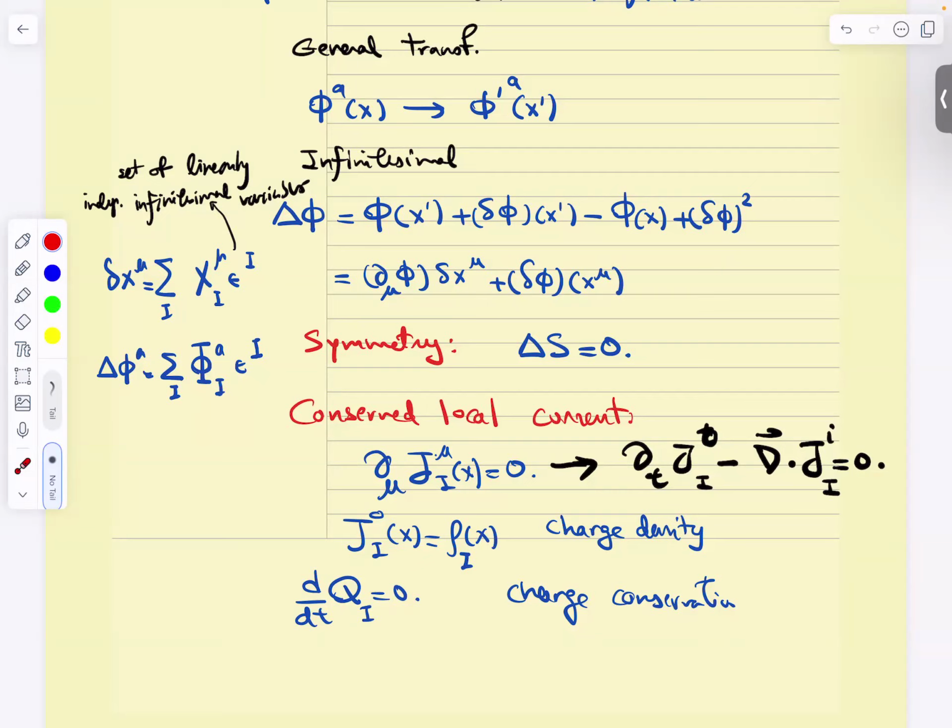For translations, you could label i by space-time, because I reduce to δx^μ. But in general, that's not the case. That's why I introduced this label i.